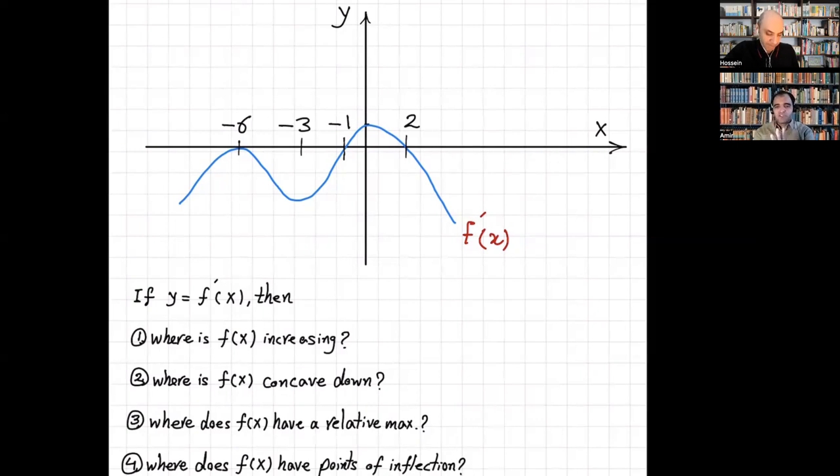Just ignore for a second that you have f prime of x up there. It's just an example of an increasing function.